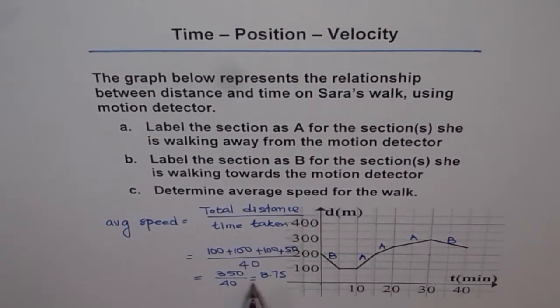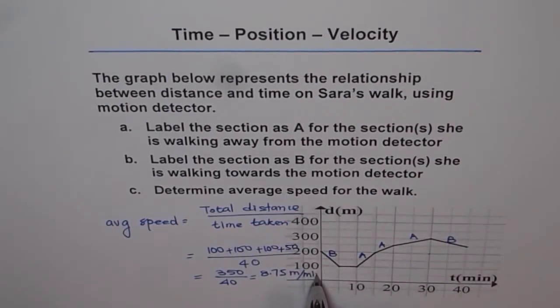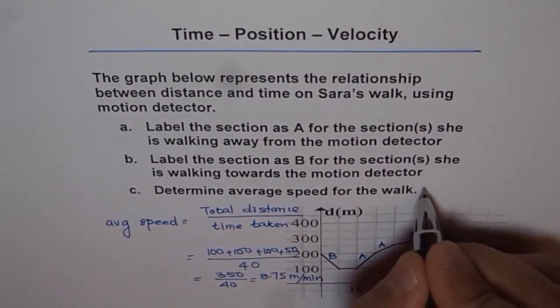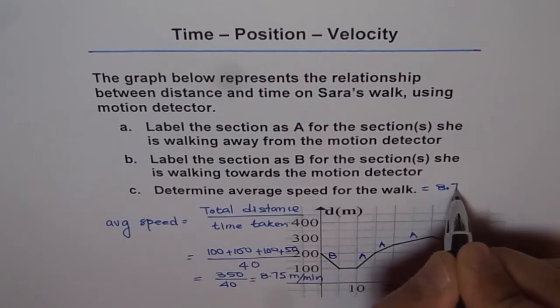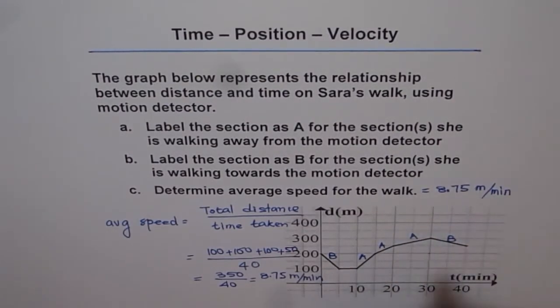So average speed is 8.75 and the units are meters per minute, right? So write meters per minute. That is the average speed of the walk. So we can write average speed is equal to 8.75 meters per minute. That is how we are going to answer this question.